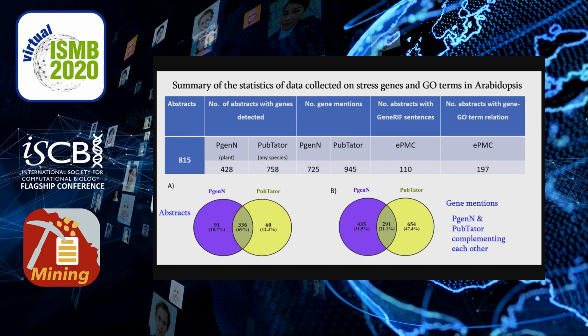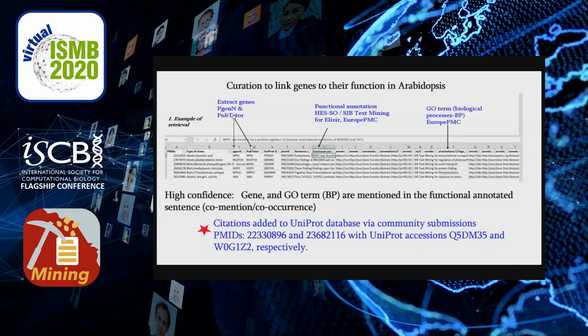One of the challenges that we encountered has to do with gene reference limitation in providing all the functional sentences. So for the abstracts with no functional sentences, we collected information on the stress genes and their relation to the GO term. The Venn diagrams below the summary statistics indicate the unique and overlapping abstracts as well as gene mentions retrieved from Pigeon and PubTator.